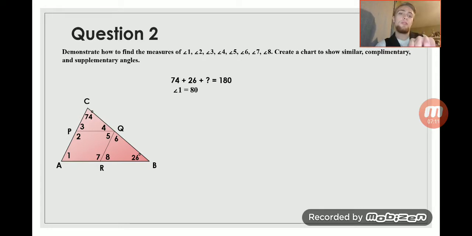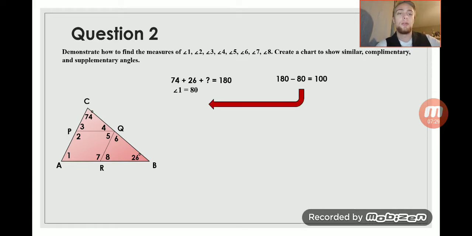We have 74 and 26. We add those together, and whatever that number is, we subtract it from 180. In this case, it gives us 80 for angle 1. And so from there, we can simply move forward in figuring out the other angles.